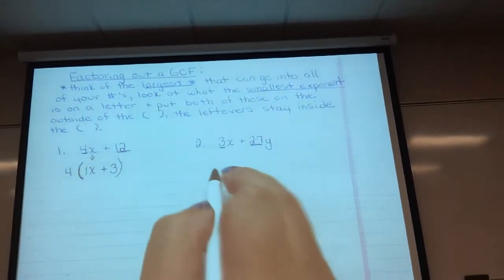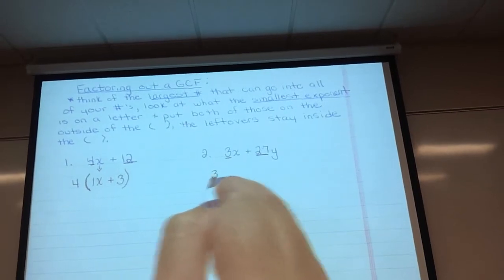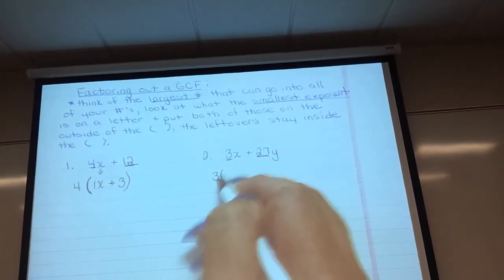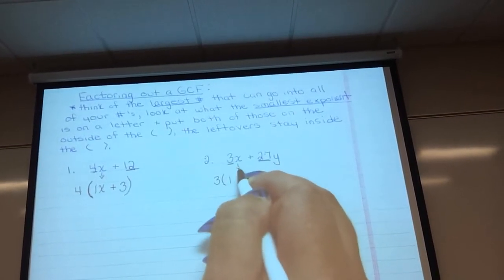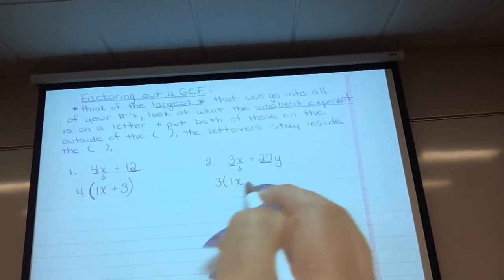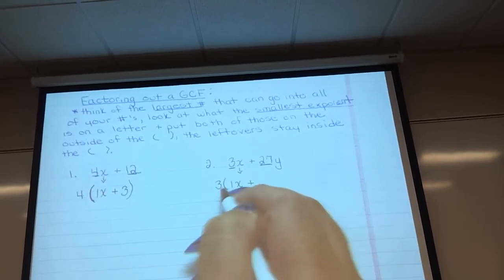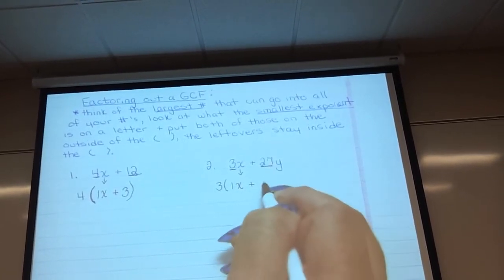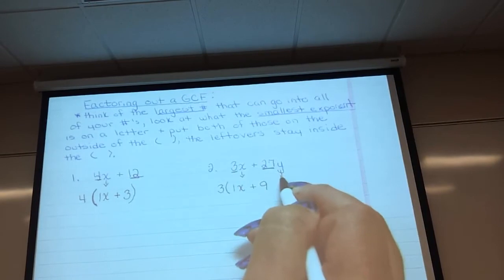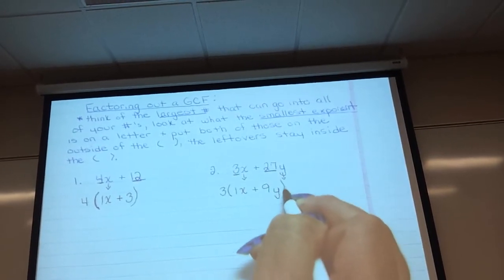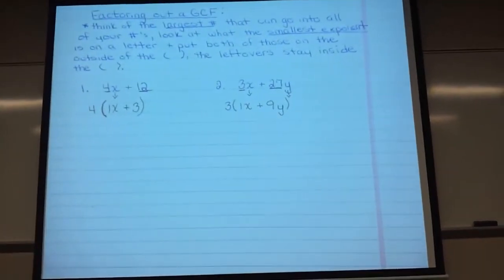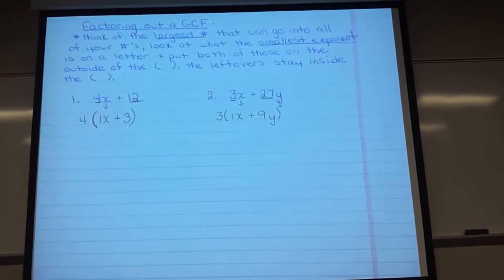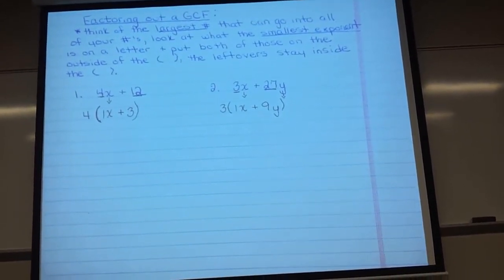That's the largest number that can go into both of them. So 3 goes into 3 how many times? Once. Bring down your x. You didn't do anything with it. Plus 3 goes into 27 9y. Bring down your y. And close it off. And to check it, you just distribute it back. Right now, we're just taking out a GCF. We haven't done any factoring. That doesn't come until after we've mastered this skill.